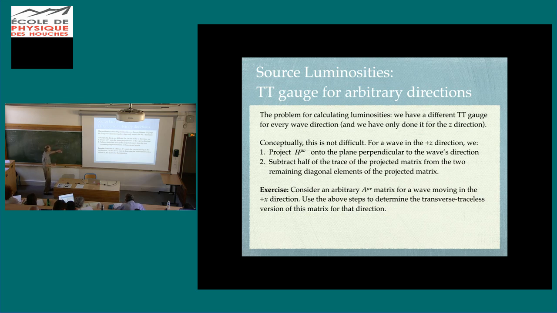Now I take these two, add them up, and subtract off half from each value. So I'll get something where I have A_YY and minus A_YY. And now I've got the transverse-traceless for the x direction. That's all I need to do. Does that make sense?